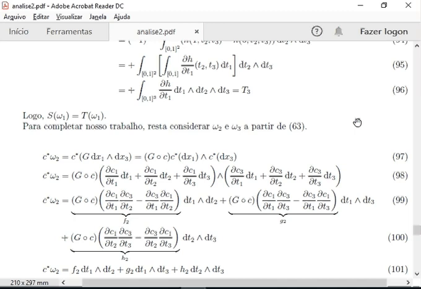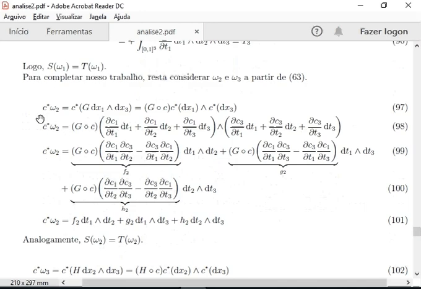What about omega 2 and omega 3? Pullback of omega 2 is pullback of g dx1 dx3. It is, again, by Jacobian, C1, t1, 1 2, 1 3, 3 1, 3 2, 3 3, and the distribution rule, C1 C3, C1 C3, C3 t1.